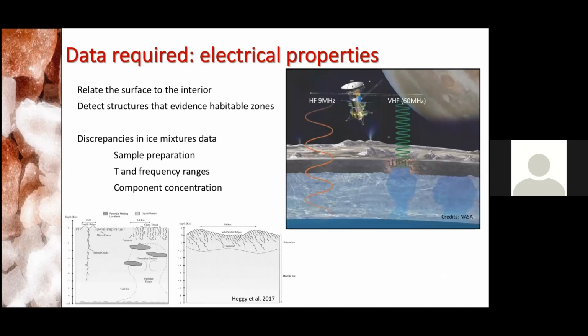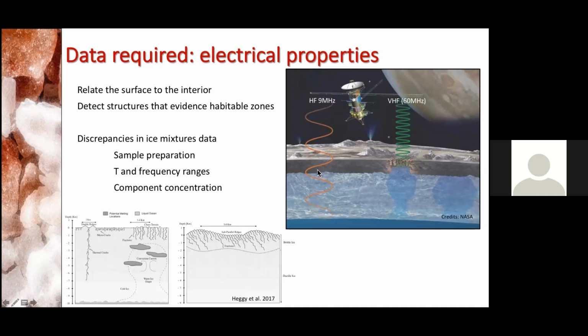Okay, related experiments to obtain specific material properties. I would like to mention the investigations to obtain electrical properties, because of the necessity to integrate future radar data, relevant to the penetration depth of the RIME and REASON instruments, which are the radar instruments on board the JUICE and Europa Clipper missions, respectively.